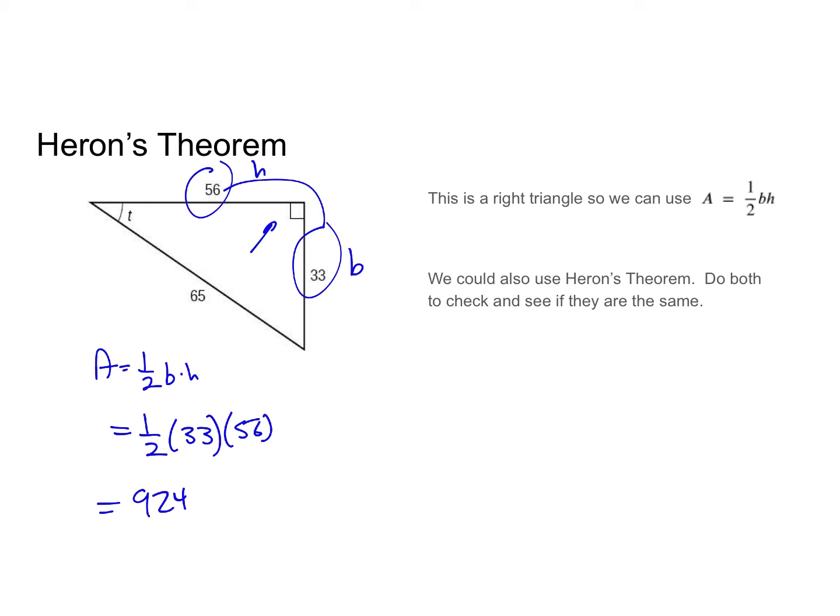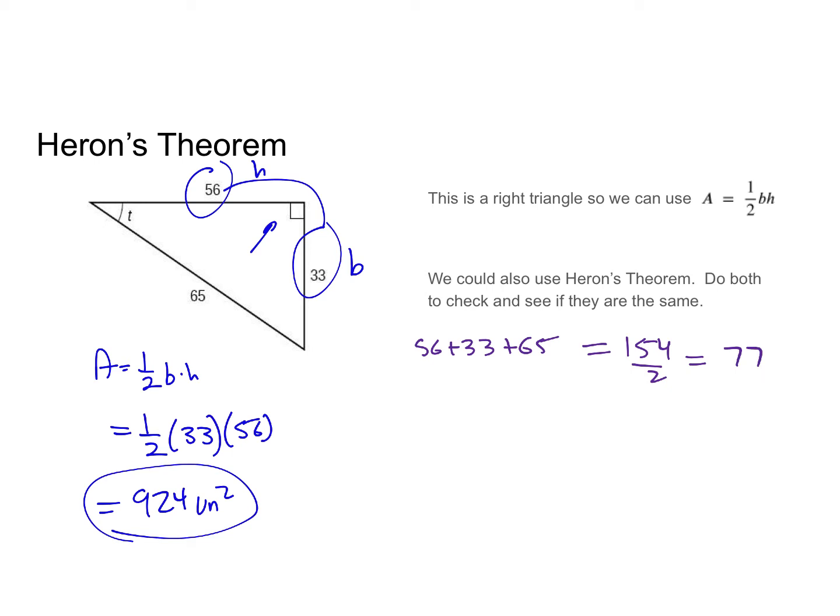So now that's my answer, but I want to show you that it works using Heron's theorem as well. So if we do 56 plus 33 plus 65, that will give me 154 divided by 2 equals 77.